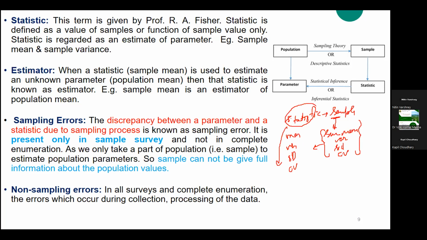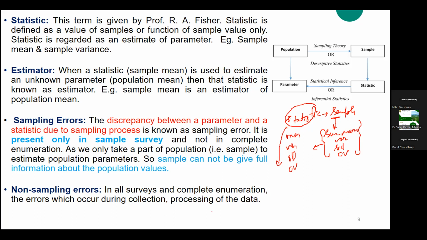So estimator and statistic are the same thing, but if I am talking about the mean only, the mean of a sample, it is a statistic. If this mean is used for estimation of the population mean, then it is called an estimator. And a particular value of the estimator is the estimate.